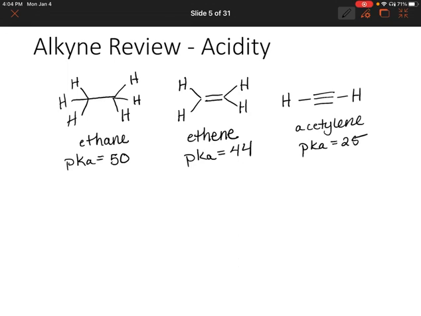So it's still not a particularly strong acid, but it's definitely stronger than ethene and ethane. So this would be the most acidic, acetylene, and ethane is the least acidic.